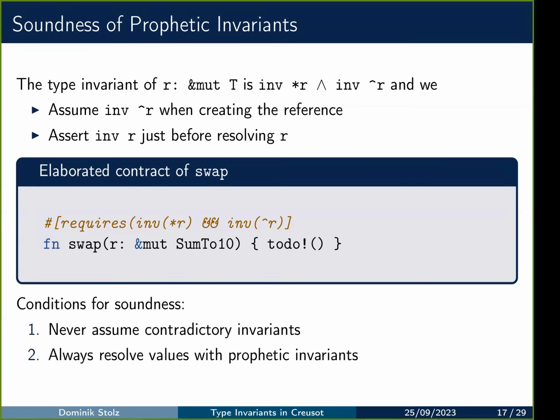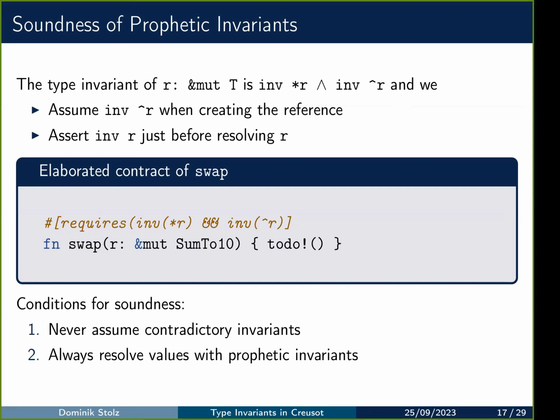And the second condition for soundness is that we always resolve values with prophetic invariance. Since if we did not resolve a value with prophetic invariance, then the assumption we made earlier about the invariant of its final value would not have been justified.